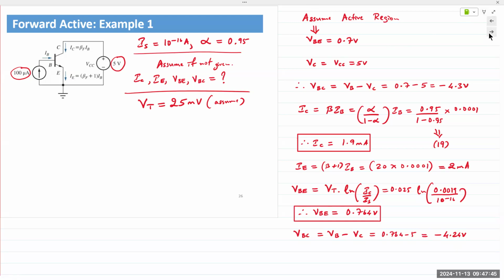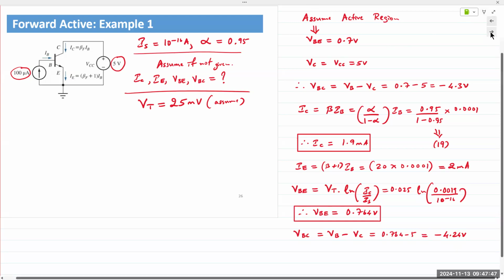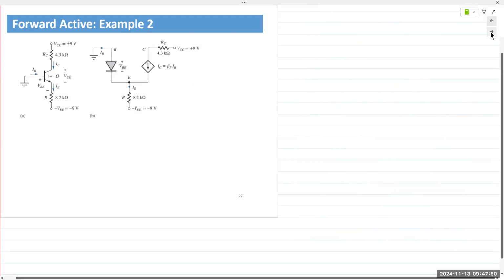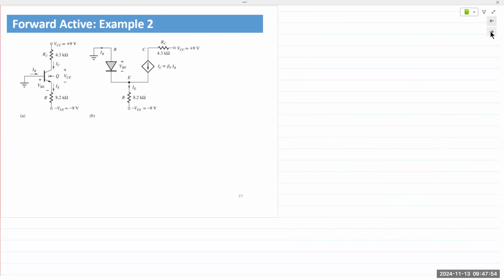Okay, let's look at example 2. In example 2, we have biasing voltages, but now we have two resistors in there: a collector resistor and what should be RE, the emitter resistor.